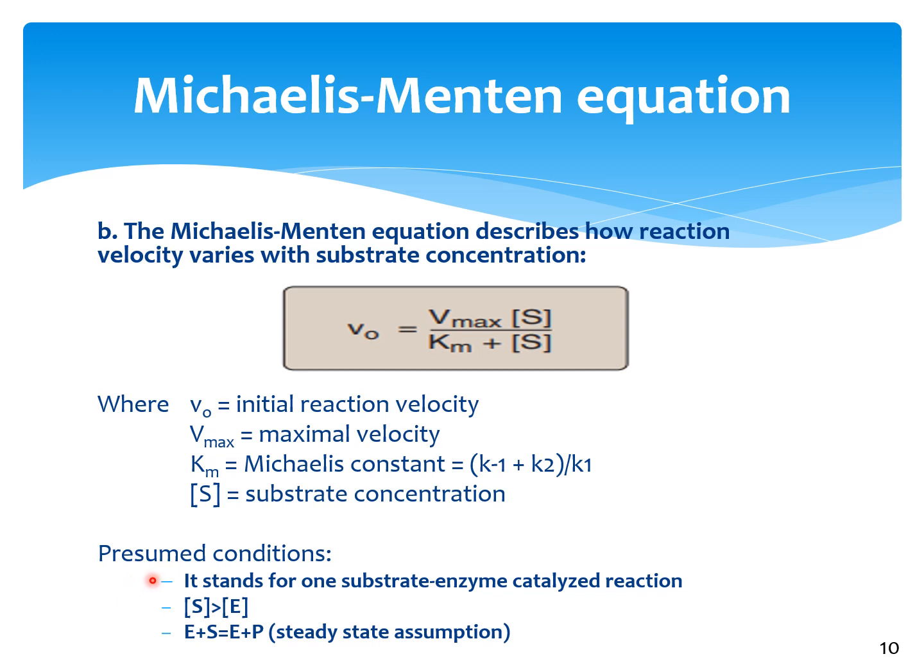That this equation stands for one substrate, one enzyme type of catalyzed reactions. The substrates are of one type, not more than one. The enzymes are of one type, not the multiple enzyme system.